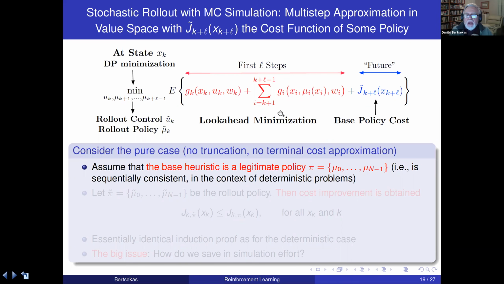If you use Monte Carlo simulation, it's not only this expectation over this expression that you are considering, but also you can calculate the cost of the base policy from the final state of this look ahead, by simulation again.